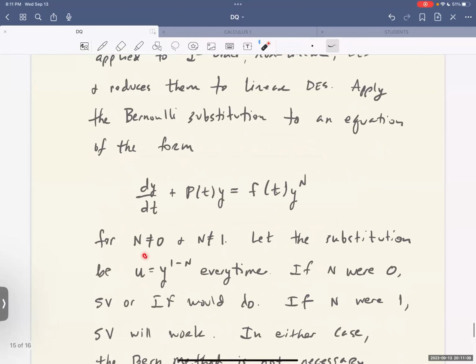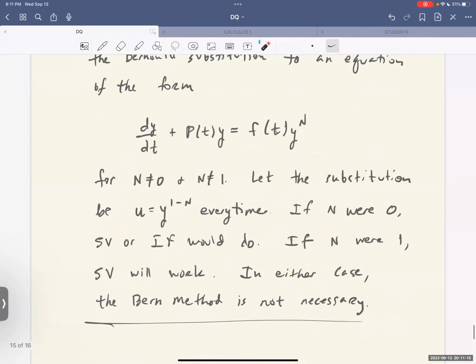Now, if n equals 0 or n equals 1, you do not need the Bernoulli substitution. If n is 0, then on the right side you don't have y to the n because it would be 1, and you could just use integrating factor or separation.